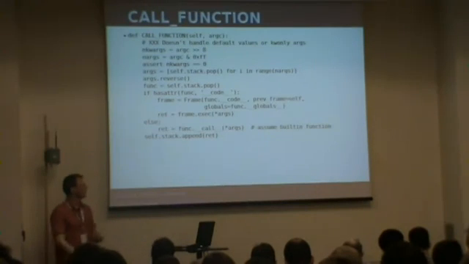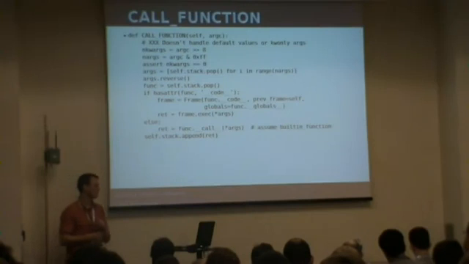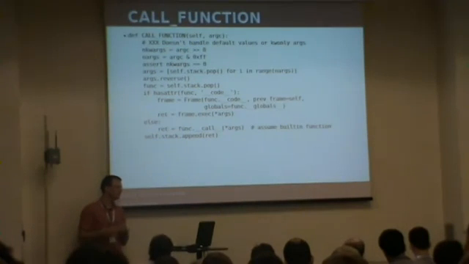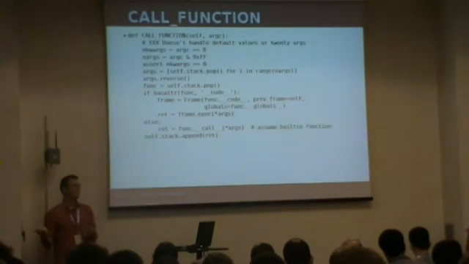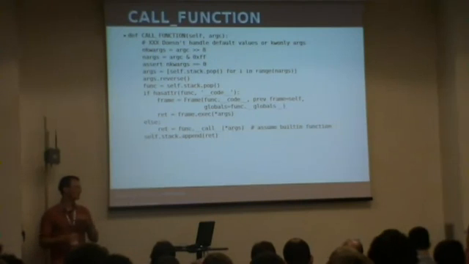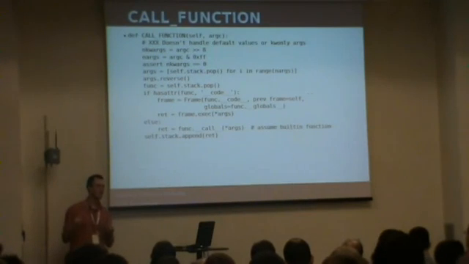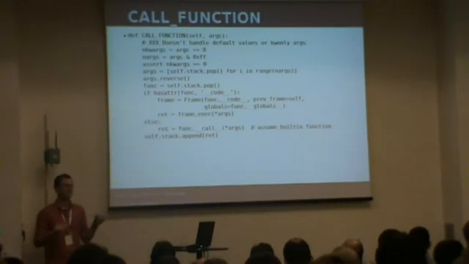Its counterpart, call function, is more interesting. So, again, not handling default values and keyword-only arguments. The argument of that bytecode is actually split into two separate numbers, each a byte.